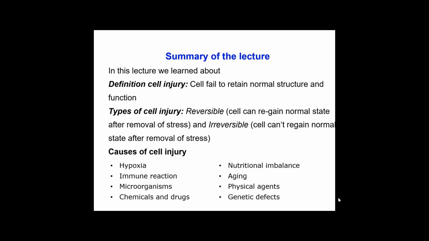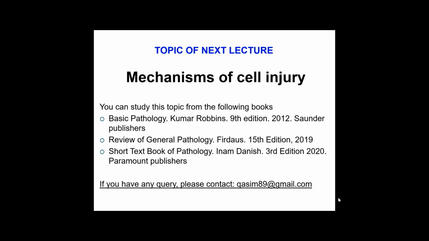On the other hand, irreversible cell injury is the type in which the cell can't regain its normal state after the removal of pathological or physiological stress. And there are many causes of cell injury like hypoxia, immune reaction, microorganisms, chemicals and drugs, nutritional imbalance, aging, physical agents, and genetic defects.